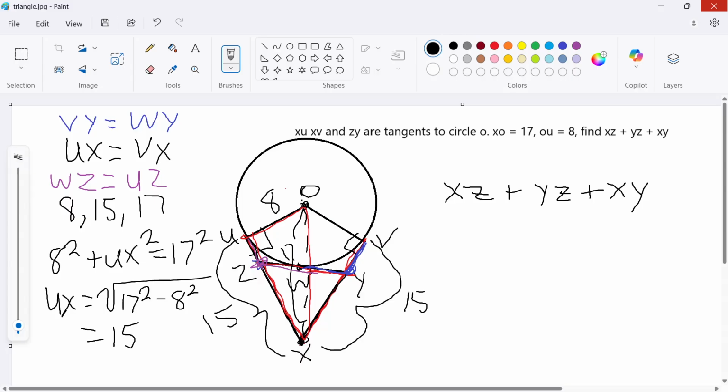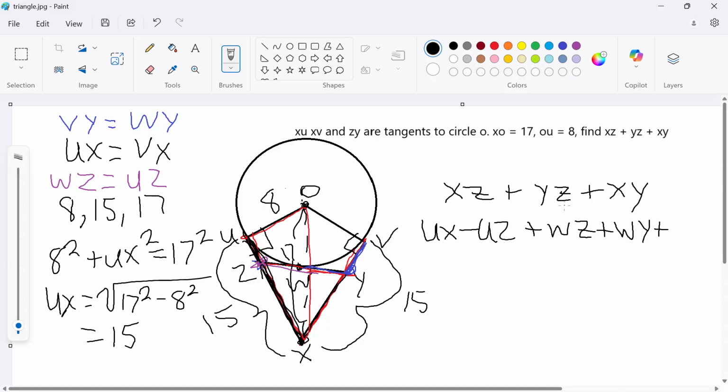So let's check. I need XZ plus YZ plus XY. XZ, okay, UX minus UZ, the whole thing minus this little piece is XZ. Plus YZ, that whole line is going to be WZ plus WY.